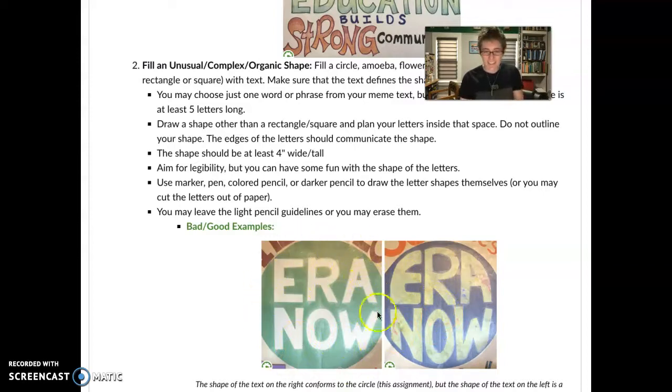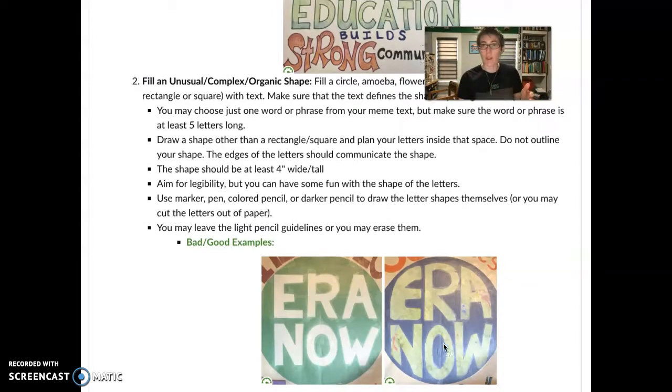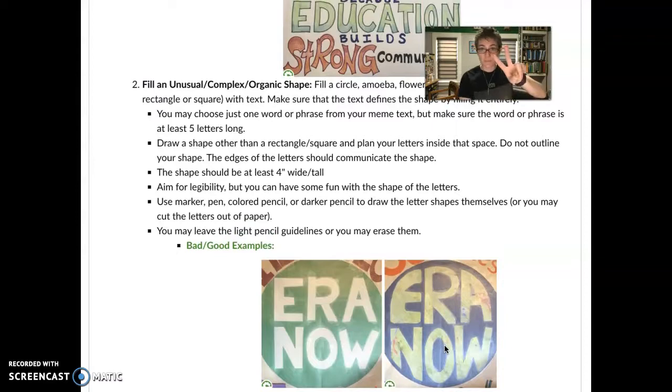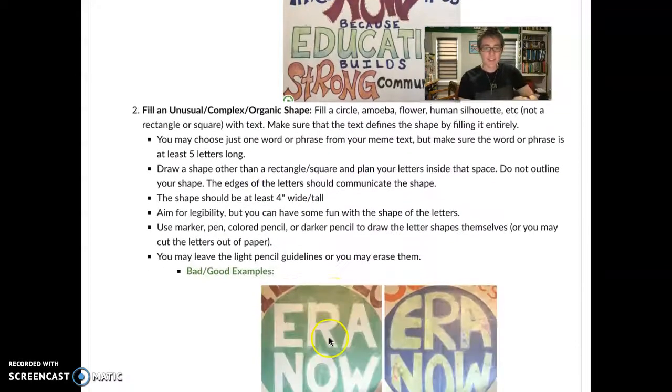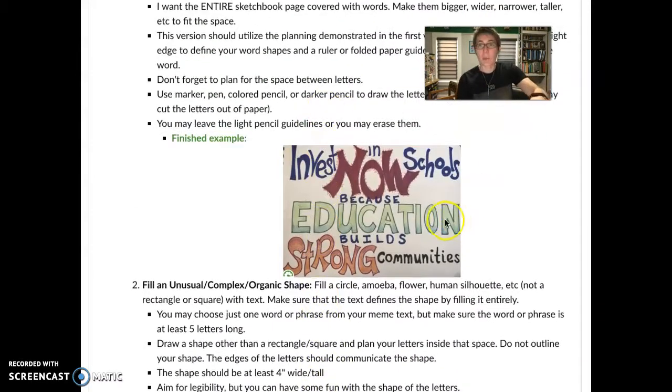The green is the shape, but the letters are themselves a rectangle. Over here, the letters stretch. And so even if we took away the blue, we'd be able to see the shape because of those letters. The letters change size to fit into that space. And they may go small to big, or big to small, depending on what your shape is. That's number 2. So, full page with things measured out.